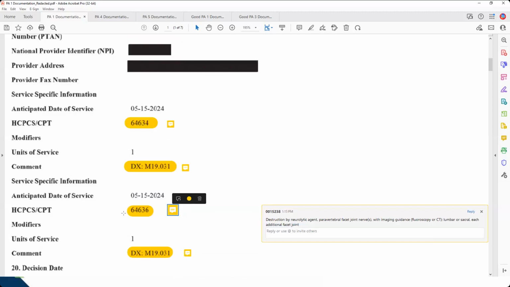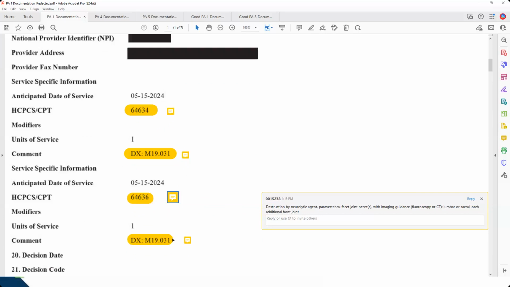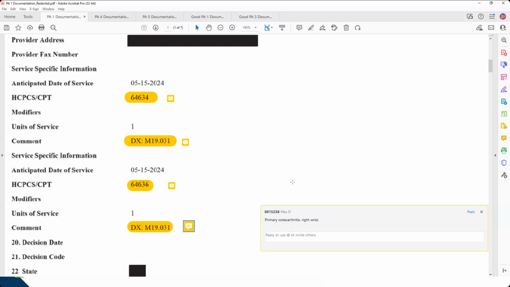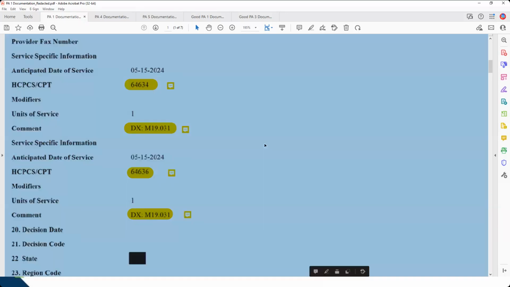And then their second CPT request was again for the destruction by neurolytic agent, for facet joint. This one is lumbar or sacral, and this is for each additional. And again, the diagnosis to support these, and I just made these notes so it was easy for everyone to see, is primary osteoarthritis of the right wrist.